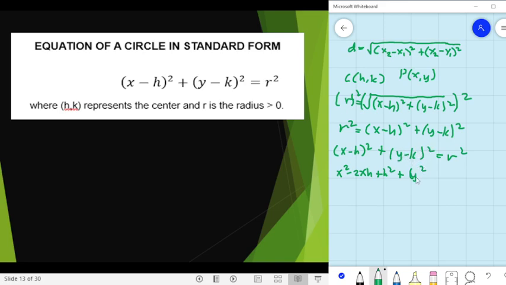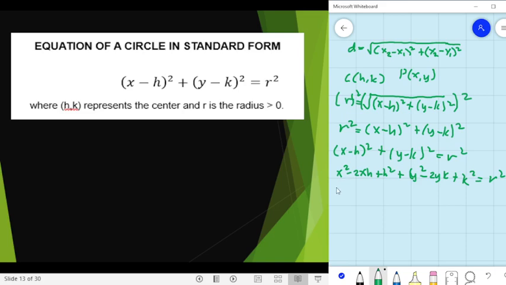Then the product times 2 is negative 2ky, plus k squared, equals r squared.